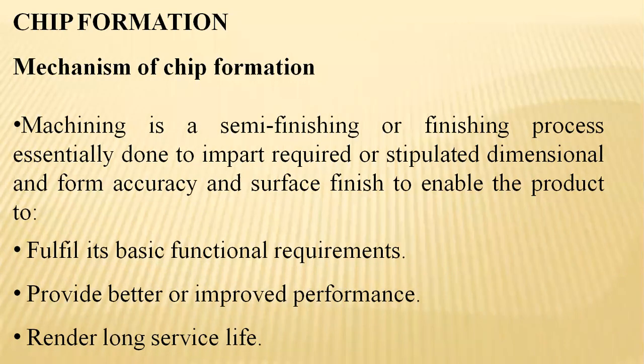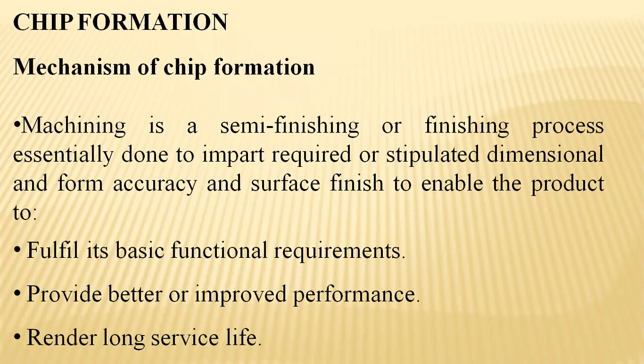The mechanisms of chip formation. Machining is a semi-finishing or finishing process which is done to impart or stipulate the dimensions, form accuracy and surface finish to enable the product.